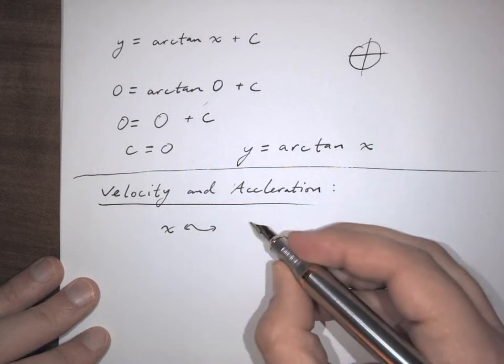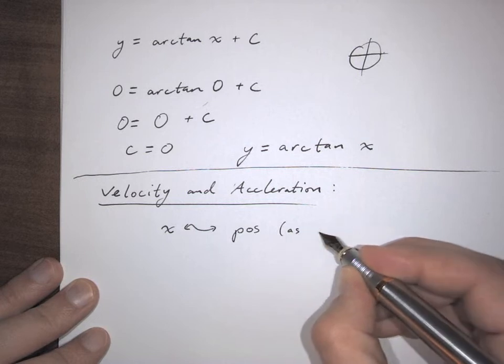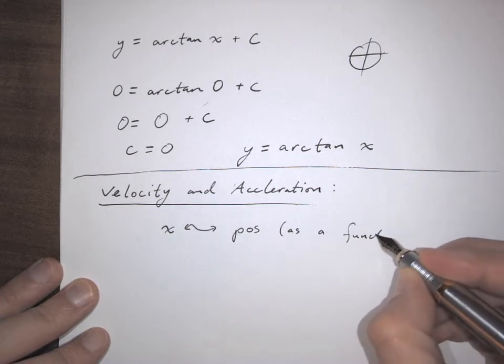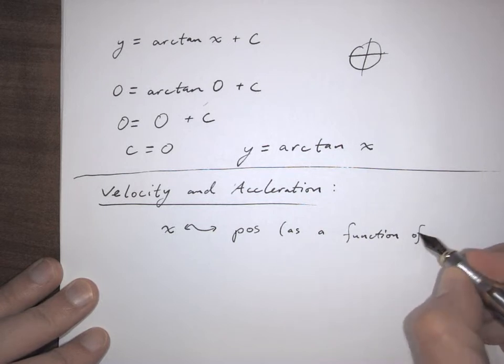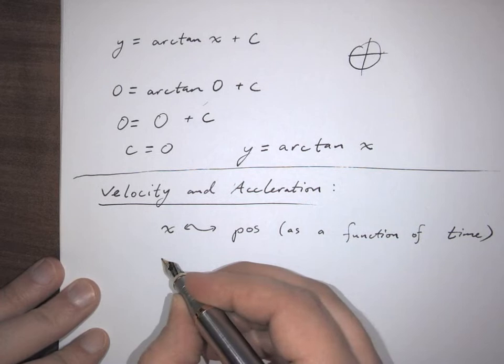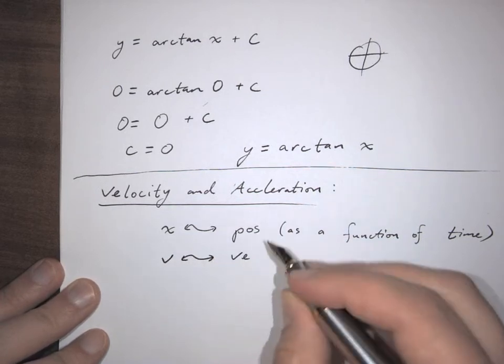So x is going to stand for the position as a function of time. We're going to use v for velocity, also as a function of time.